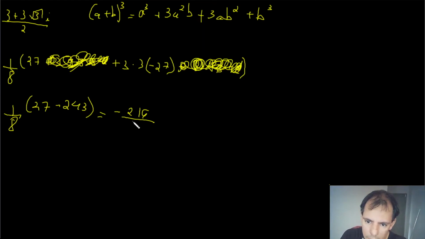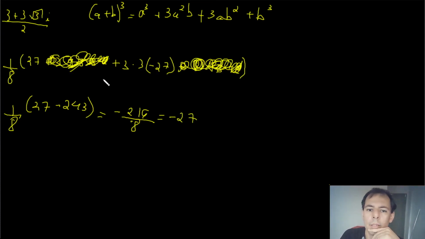Minus 216 divided by 8. Now, 216 divided by 8 is 216 divided by 2 divided by 2 divided by 2. So 216 divided by 2, 108. Divided by 2, 54. Divided by 2, 27. So minus 216 divided by 8 equals minus 27.